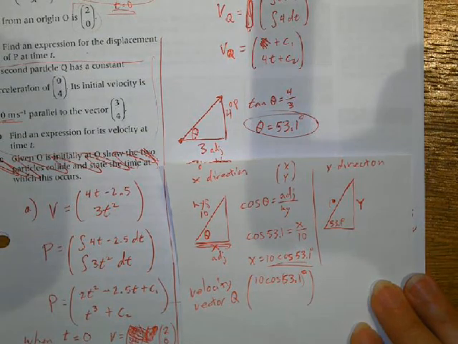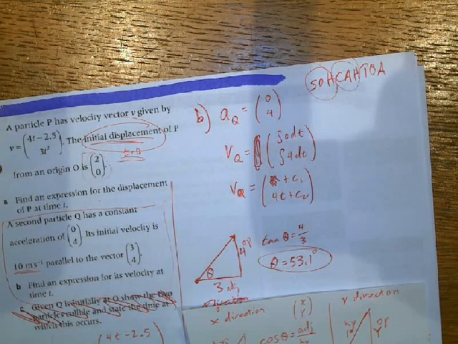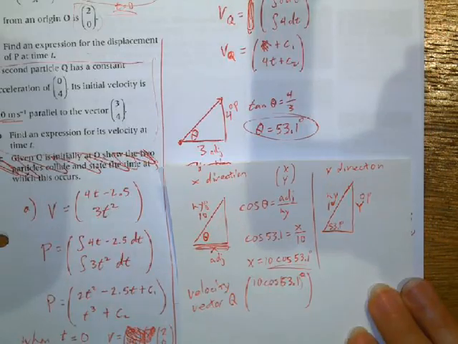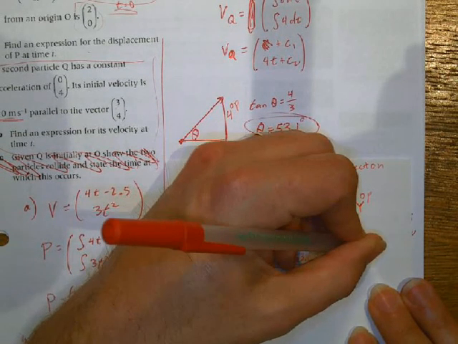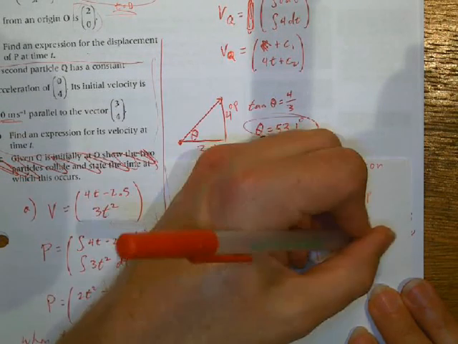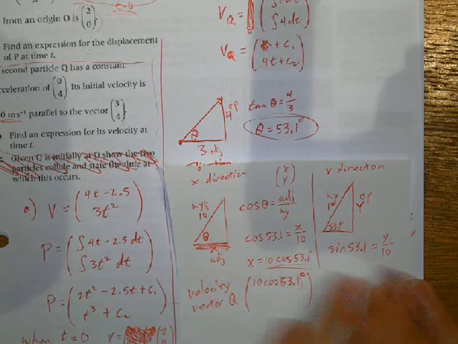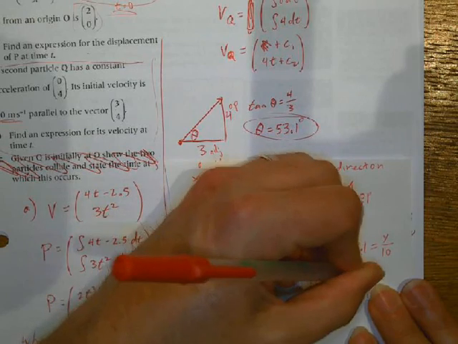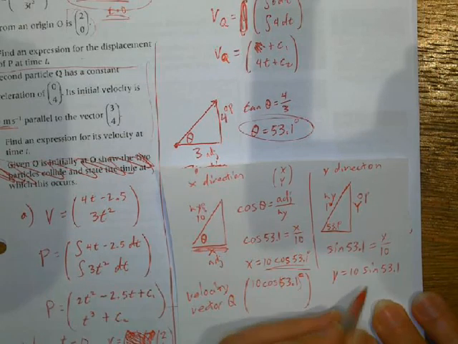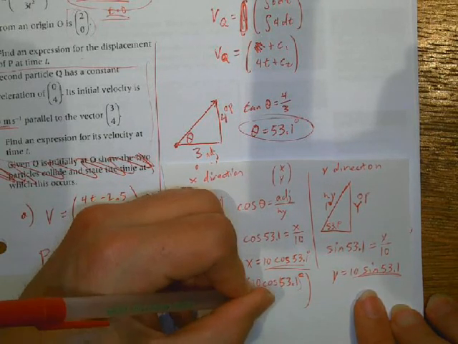So if I've got the opposite and the hypotenuse, then I'm going to look at my SOHCAHTOA and use sine, because that's opposite and hypotenuse. So sine of 53.1 is equal to opposite over hypotenuse, so y over 10. And if I multiply 10 on both sides, I end up with y equals 10 sine 53.1. And that's my y value for my velocity vector.